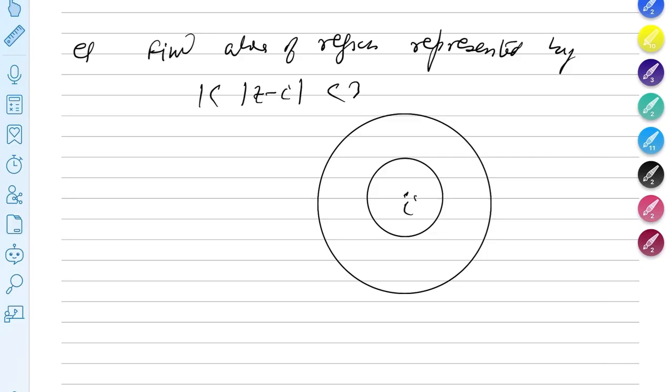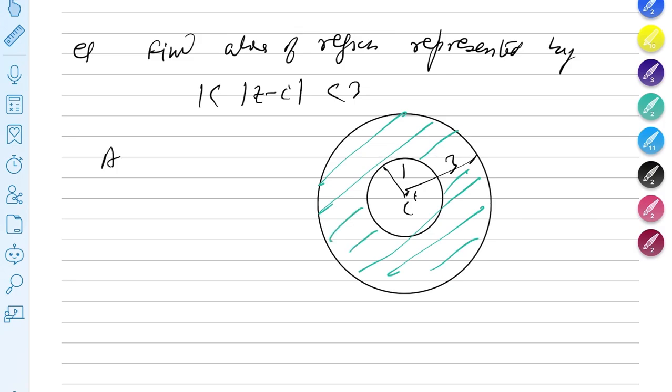This is the center i, this radius is 3, this radius is 1. So they represent this region. What is the area here? The area will be pi times 3 squared minus 1 squared, so pi times 9 minus 1, that is 8 pi.